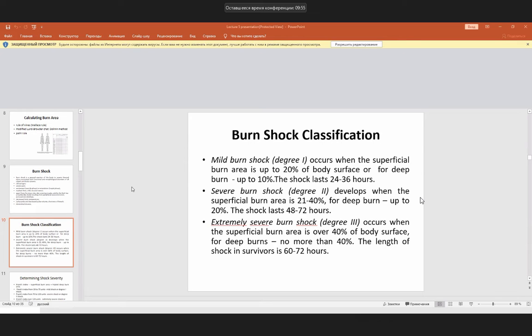The duration of the shock is 60 to 72 hours. The final diagnosis of the degree of shock severity requires dynamic observation of the patient within 12 to 24 hours.